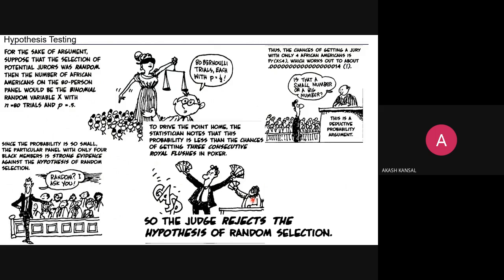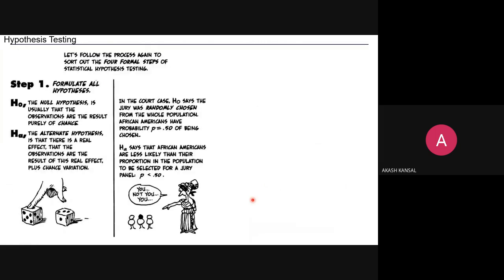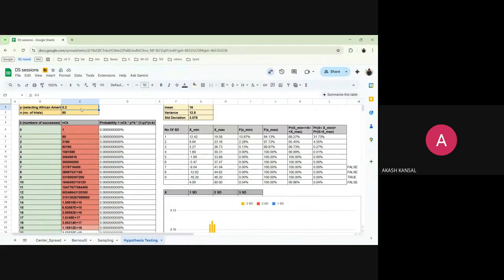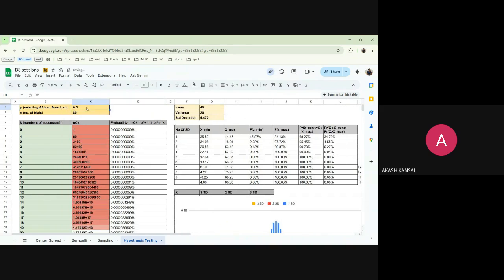Right, now before this, let's see one example in Excel. For the same experiment that we just saw, let's say the probability of selecting an African American was 0.5 because it's equally distributed. The number of trials is definitely 80.